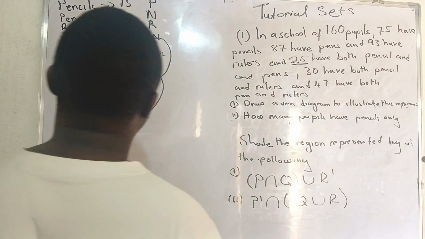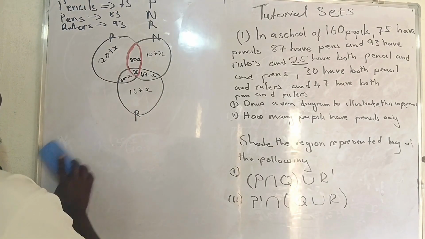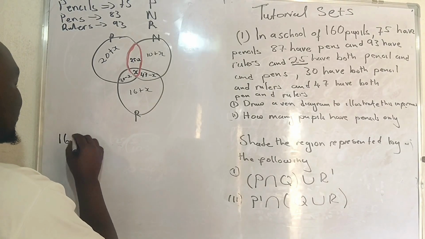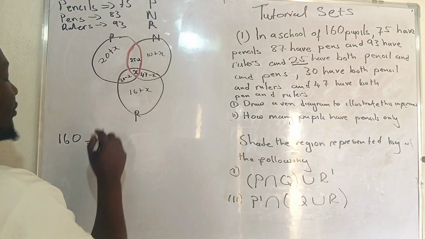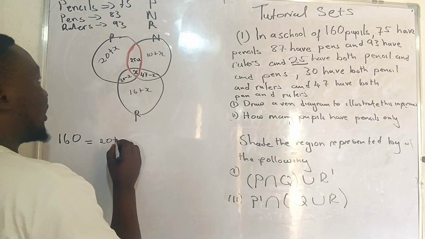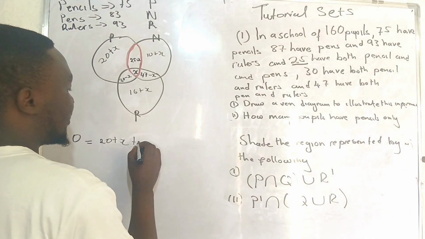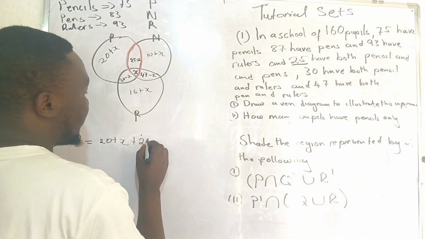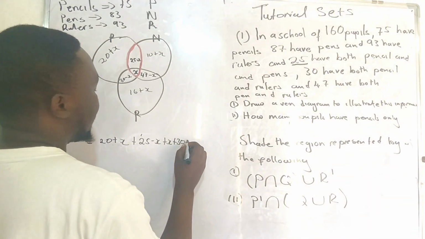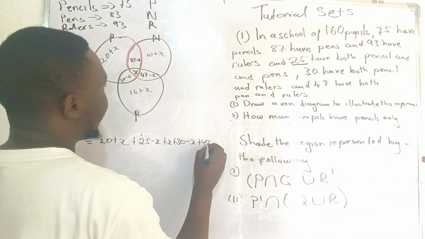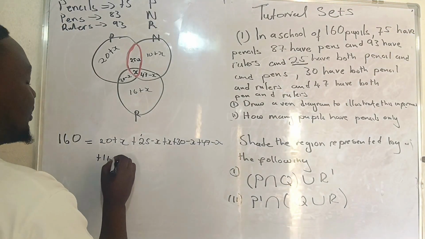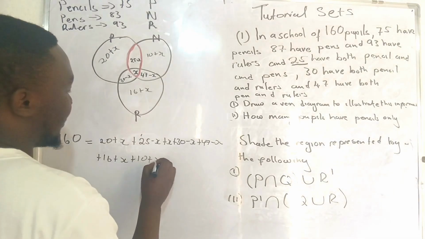So we need to solve for x. In order to solve for x, we say that the total 160 is equal to, we add all the individual regions. So this is 20 plus x plus 25 minus x plus x plus 30 minus x plus 47 minus x plus 16 plus x plus 10 plus x.